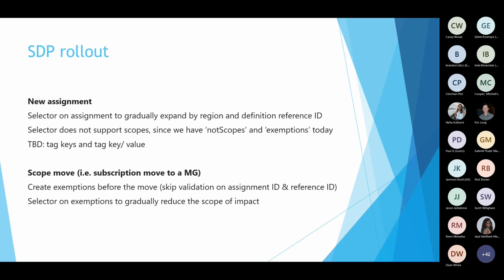We do have mechanisms in which you can give different display names using reference ID. You can also give custom deny messages, so there's more context when the user gets denied by policy.